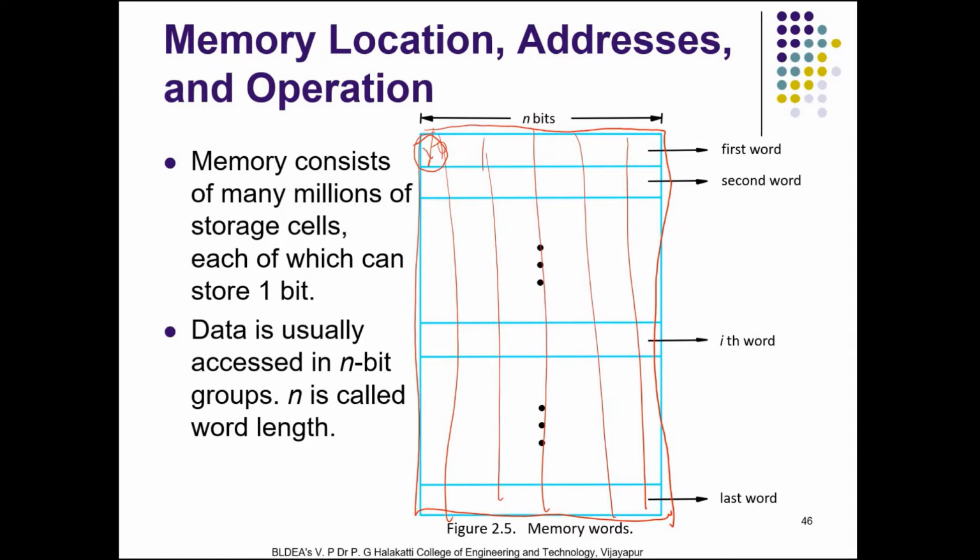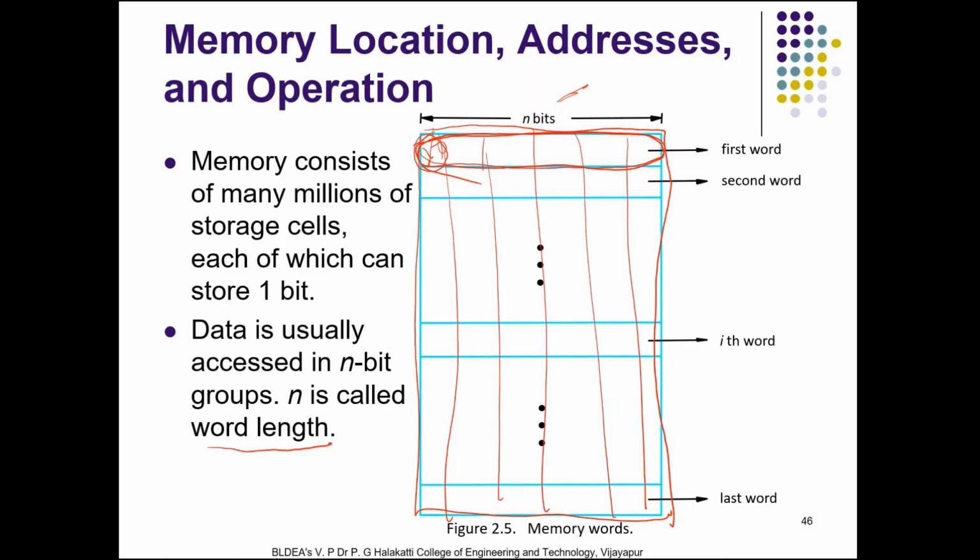Now, whenever we are accessing data, it is not accessed bit by bit, but in groups. Some n bits are accessed at a time, and these n bits we call the word length.